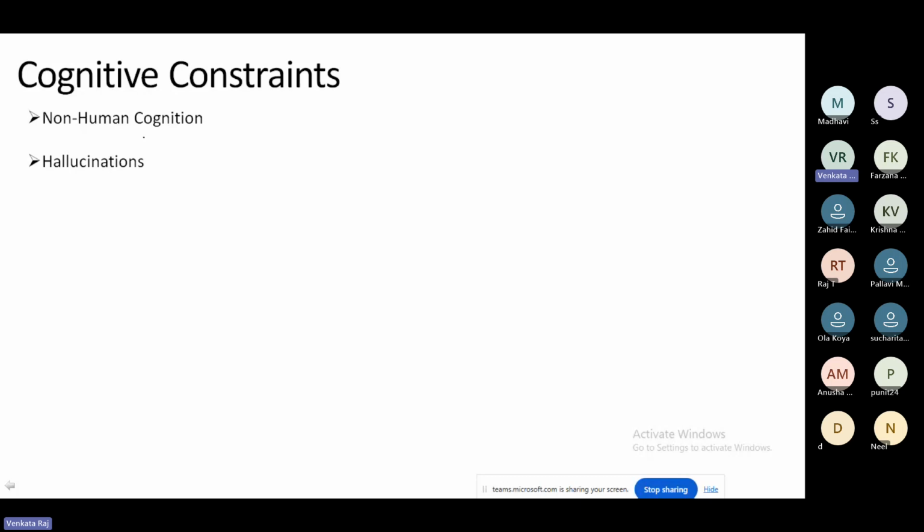So when you are asking the AI model, what could happen is, if the AI model has not been trained on data sets which are relevant to those topics, the AI model will generate wrong information.